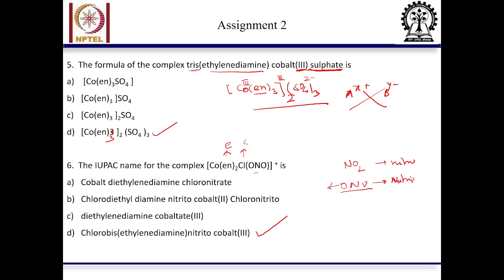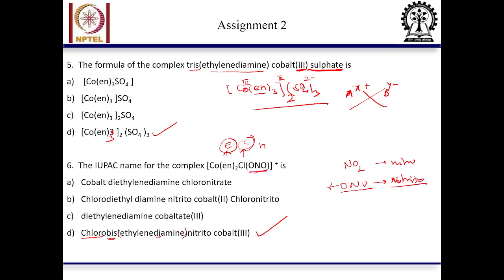That is the one concept here, that's why we have chosen this one. So first will come C, it's already written chloro. Then will come E. Ethylene diamine already has di, so we write it in a small bracket.